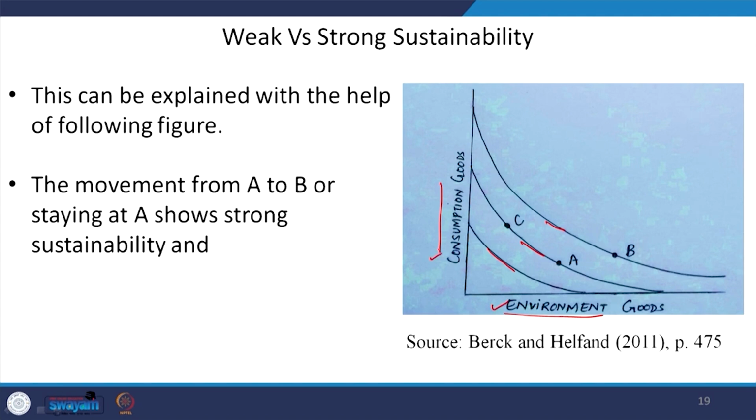Suppose a person is at point A. That means the person prefers this amount of environmental goods and this amount of marketable goods.